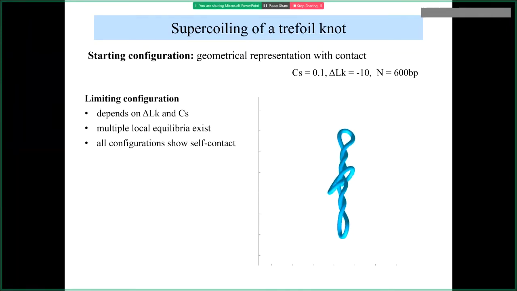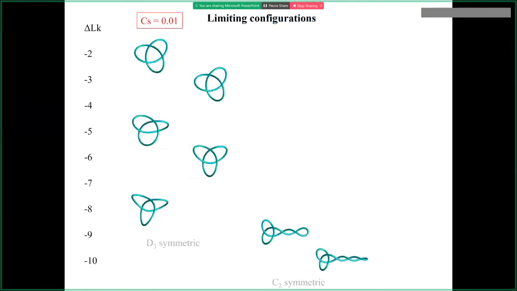That means low electrostatic repulsion, and of course all configurations show self-contact. So we have so far an incomplete description or catalog of those configurations. Many of them, for a small amount of linking number, look like the standard trefoil knot. For higher linking numbers, they become asymmetric. So this is for the large electrostatic repulsion.